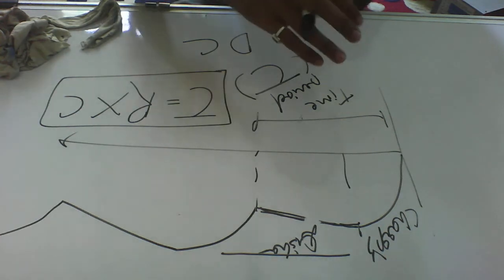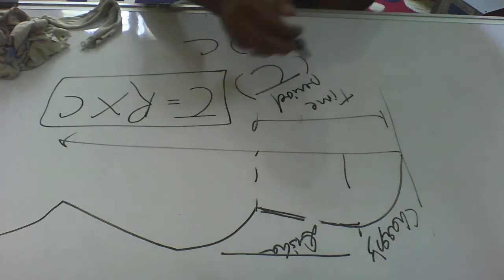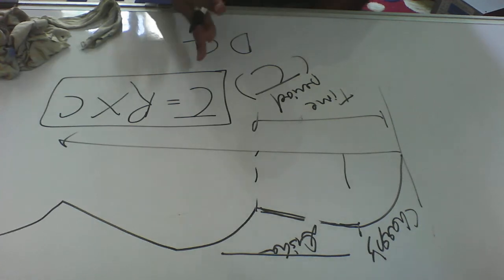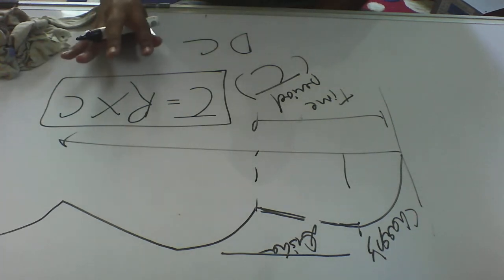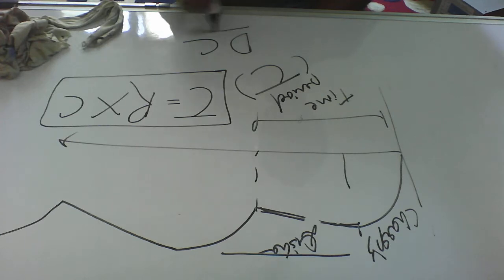So altering variable capacitors can produce a DC output. This is how a DC output is generated.